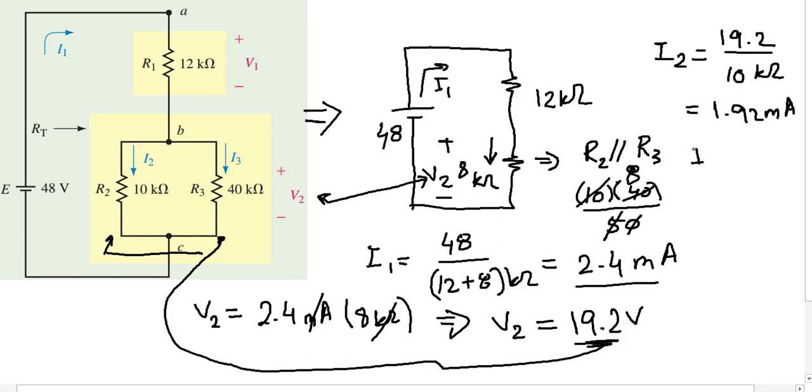And the current I3 equals the voltage across the resistance R3, that's the same voltage since they are in parallel, over the amount of resistance, which is 40 kilo ohms, and the result is 0.48 milliamperes. And this is consistent with what we did previously.